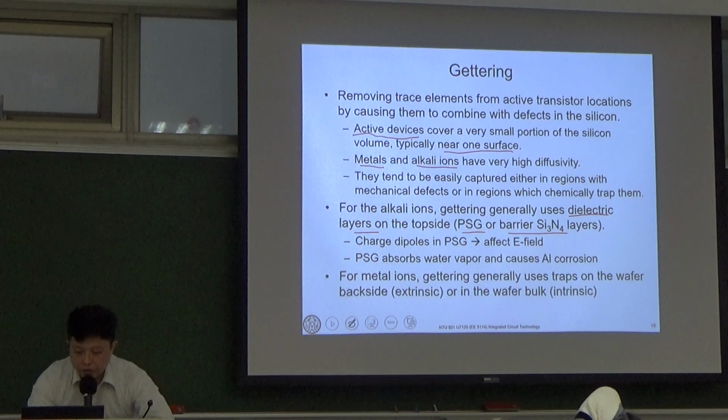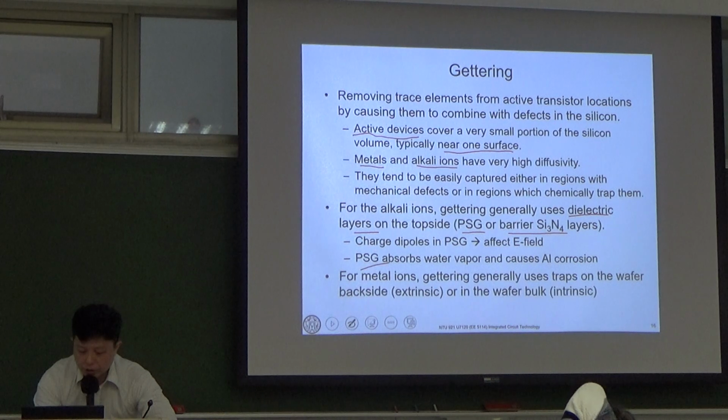But sometimes this dielectric film will, because of the dipoles inside the film, affect the electrical field, and that will result in a threshold voltage change. Okay, and also the PSG, this kind of glass, will absorb water vapor, and if you have aluminum metal inside, that will cause corrosion to happen.